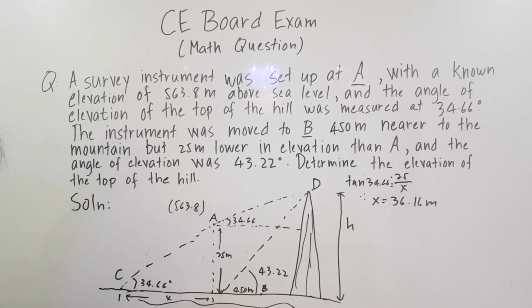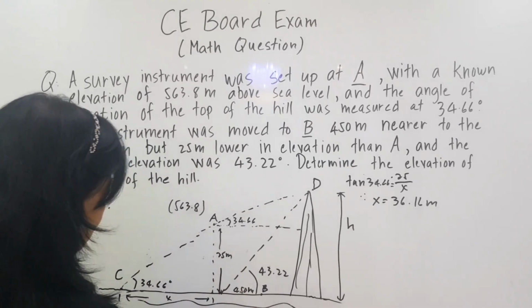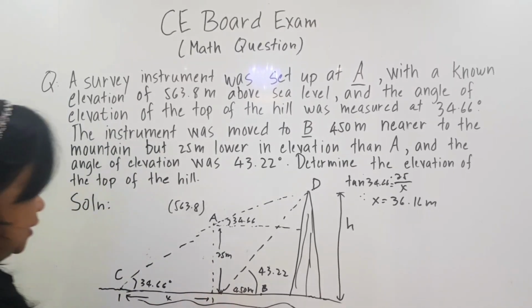Now we get x. The distance from here to here is 450.